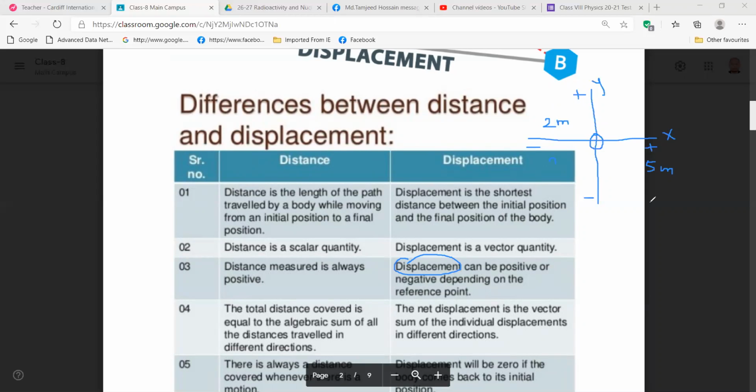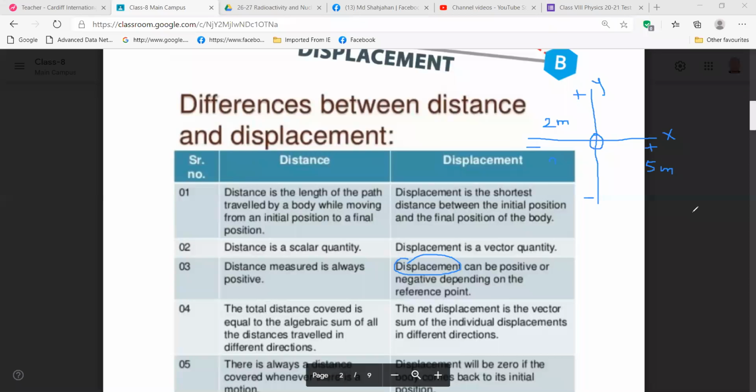So what is your net displacement here? You will do the vector sum. The right side one is positive and the left side one is negative. So 5 meters and minus 2 meters. If you make the sum, it will come 3 meters.